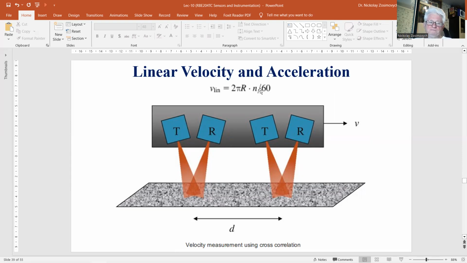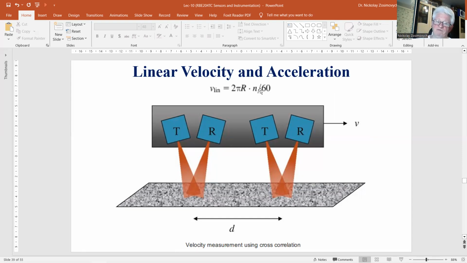A better option is to select a measurement principle that produces an output signal that is directly related to the speed or acceleration of the object under the test, without the need of a differentiating operation.